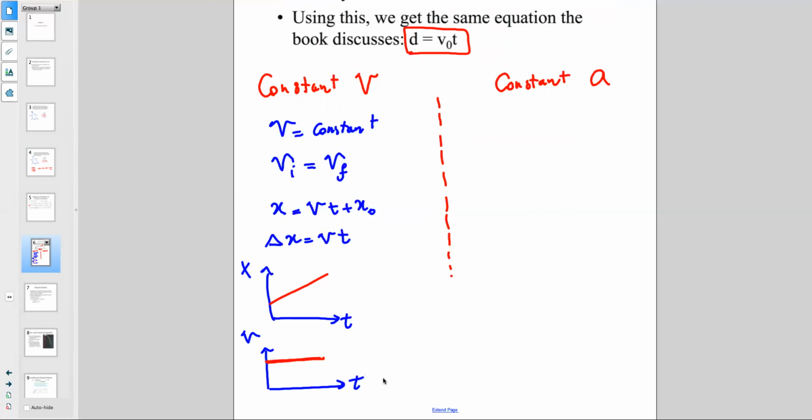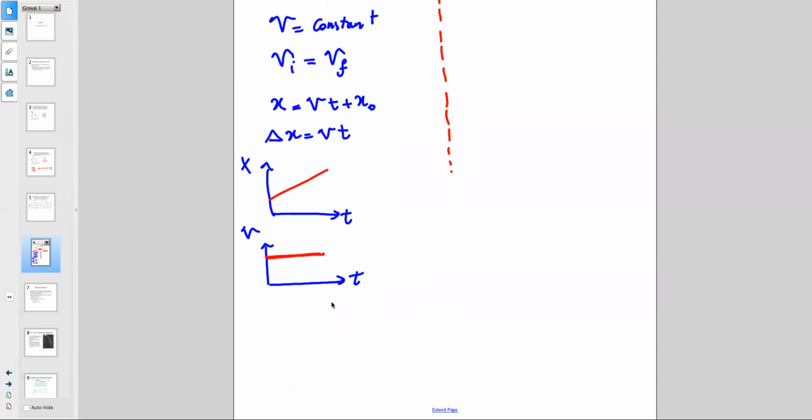The velocity over time will stay the same. And the at figure is always 0. So velocity is constant, and acceleration is 0.